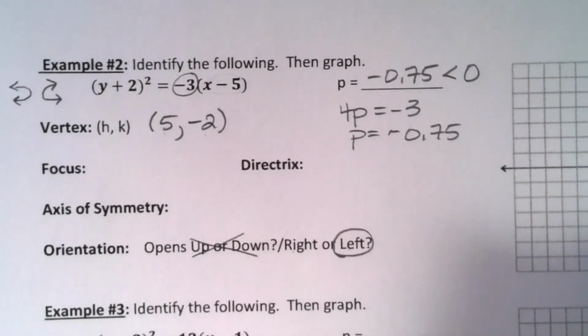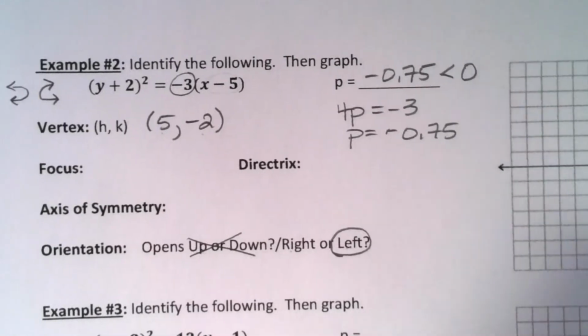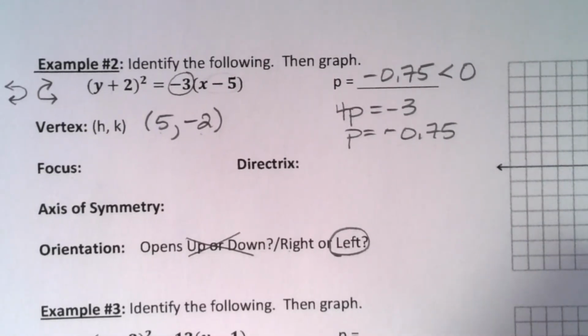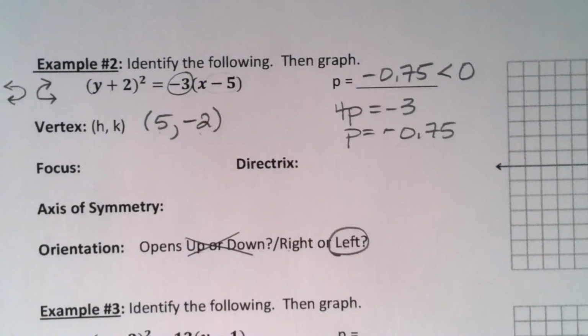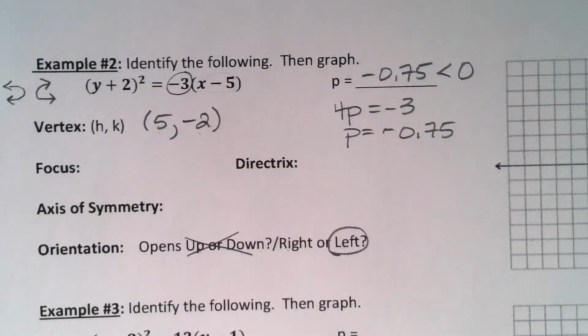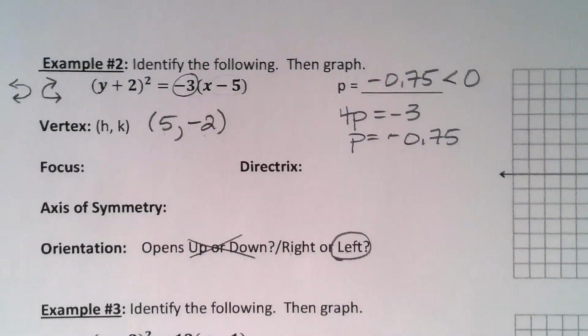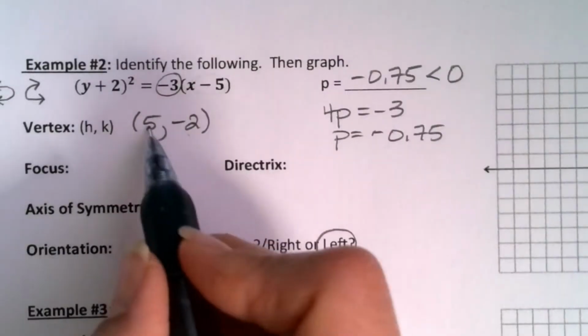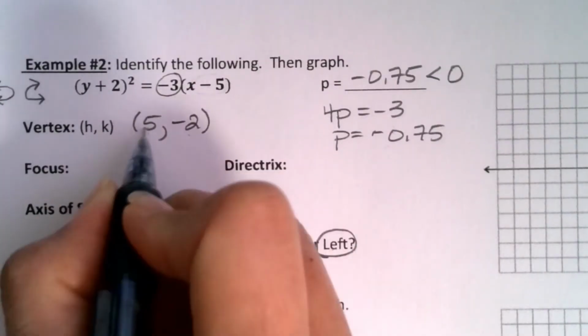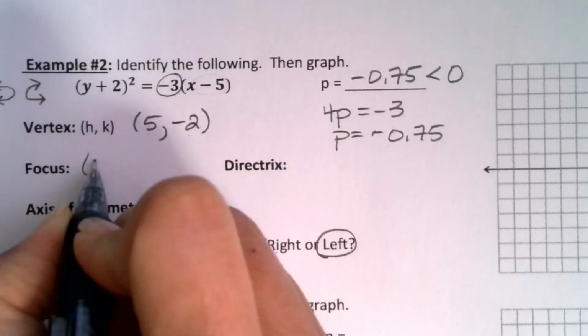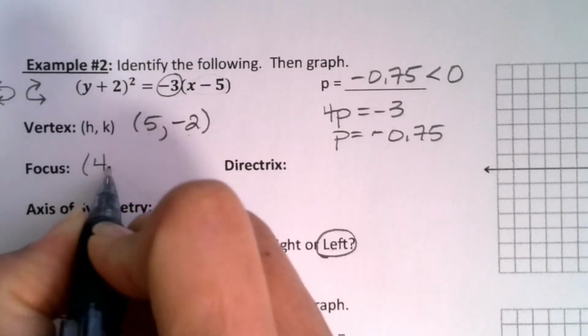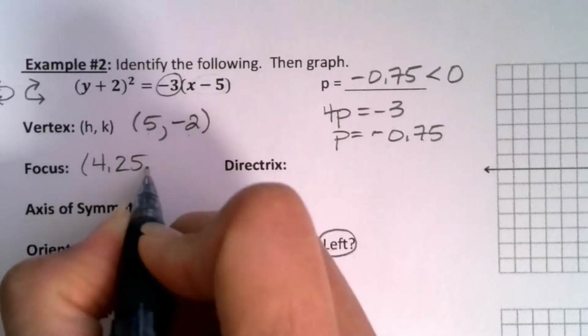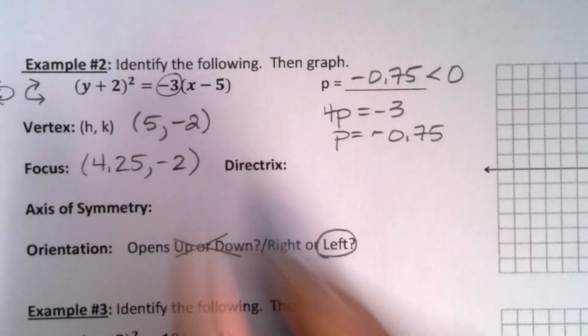So the left of 5 negative 2.75 would land me at what value? Well, if you subtract 5 minus 0.75, you're going to end up at 4.25, comma, negative 2.